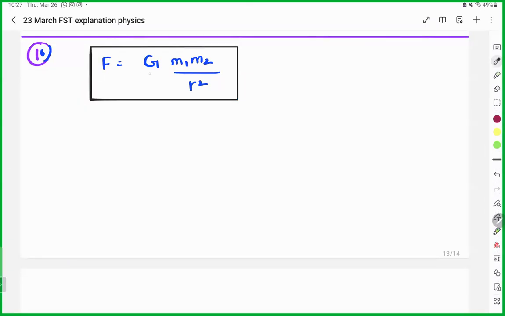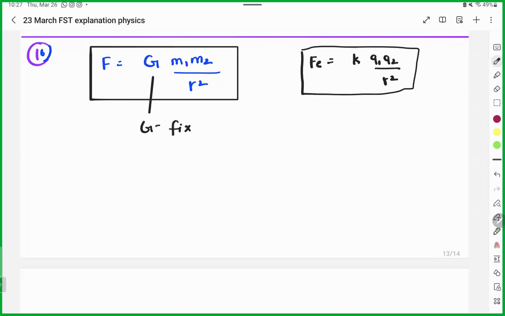So, in Newton's law of gravitation, this G value is fixed. For example, in case of electrostatic force, it is K Q1 Q2 by R square. K value will change if you change the medium.